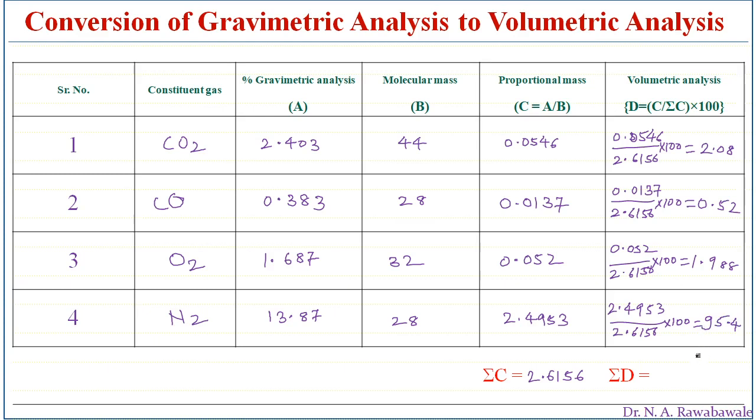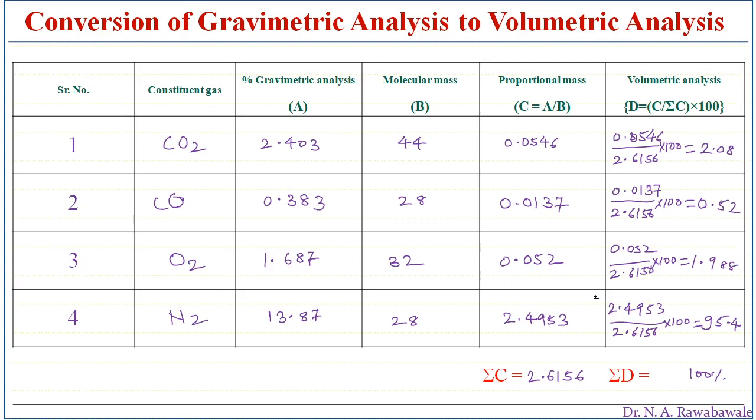So if we add all of this, it will be 100 percent. So this is how the gravimetric analysis is converted into volumetric analysis for this given problem.